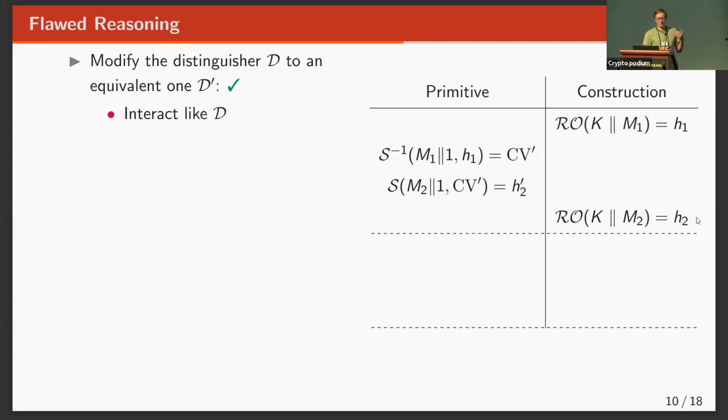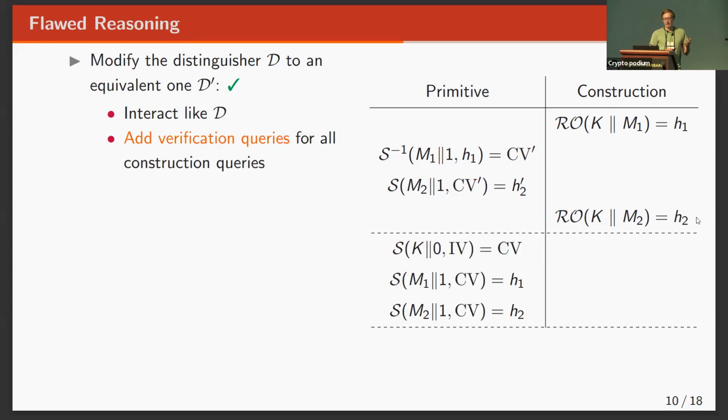After interacting like D, what D prime additionally does is add verification queries for these construction queries. We called the construction oracle on K appended with M1 and K with M2, and we will also verify these queries.